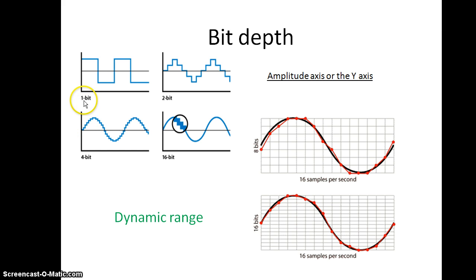Here we can see 1 bit, which is basically just on and off, and with 2 bits you get a little bit more, you get 4 values, and with 4 bits you get 16 values, and 16 bits, and on and on. So here we can see really how it works.